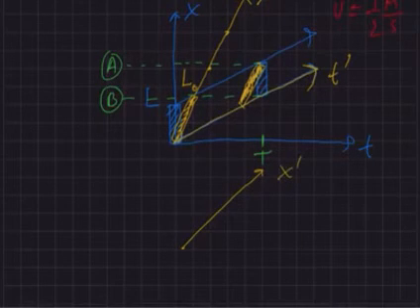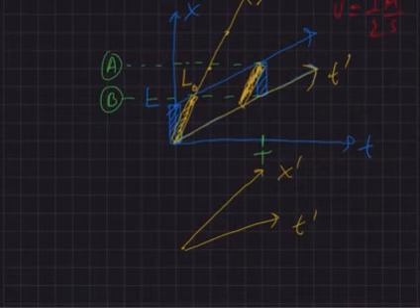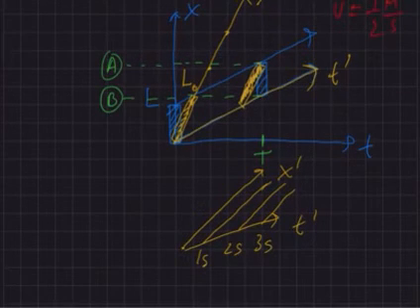To try to appreciate what the grid looks like for x prime versus t prime, notice that the lines of simultaneity for the k prime frame run parallel to the x prime axis. Say, for example, from 0 seconds, 1 second, 2 seconds, 3 seconds.